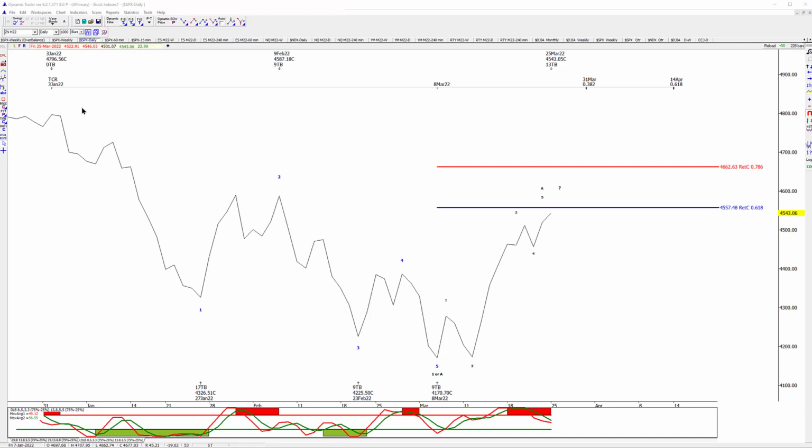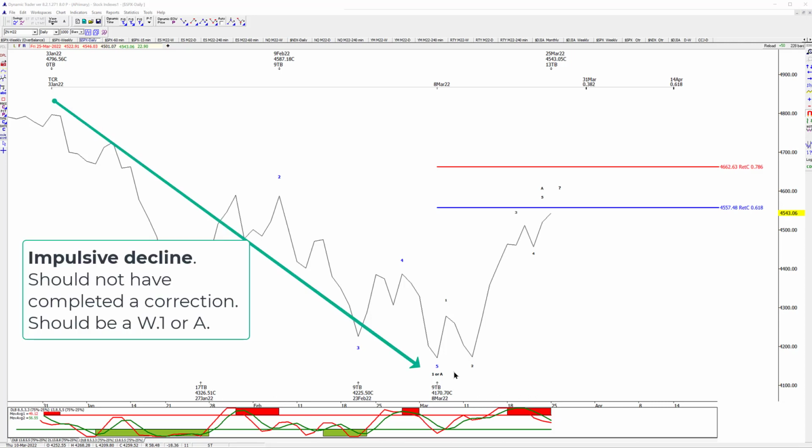So what I'm looking at is this decline off the January high into the March 8th low is impulsive in nature. It's probably, in Elliott Wave terms, a wave 1 or A, and that means it's not a complete correction.